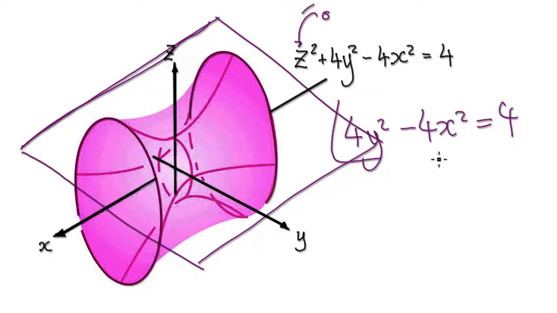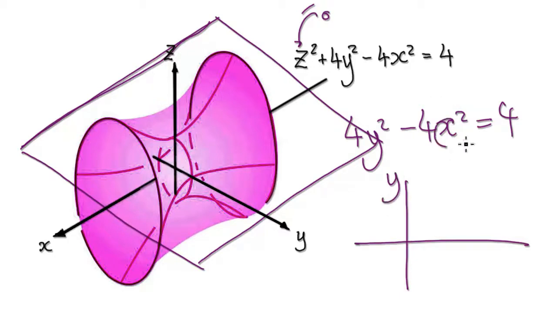The minute you see this, in your mind you should picture this straight away: y-axis, x-axis, and then you've got a minus here going along the x direction. So that means you're going to get something like this.